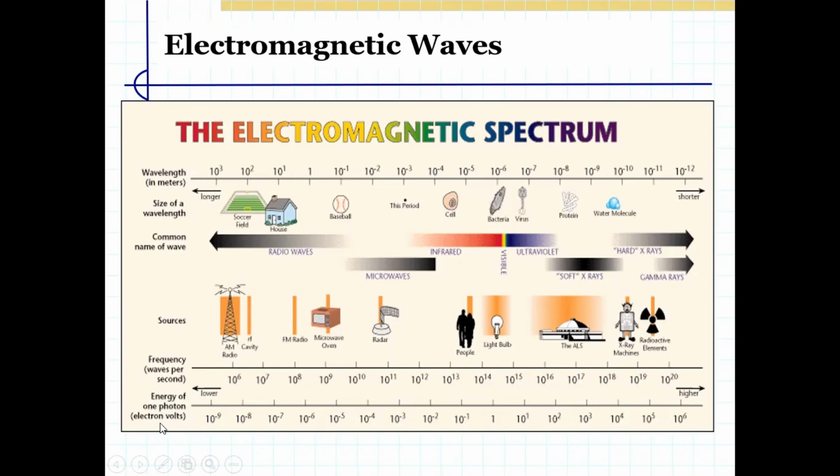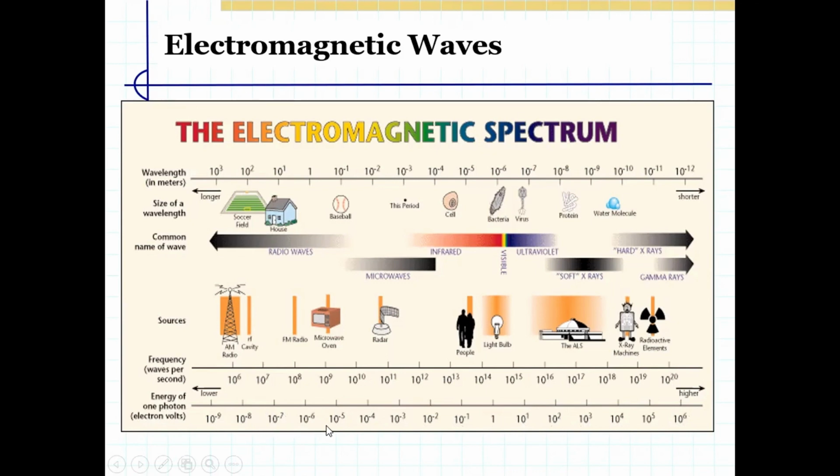The energy measurements are done generally in electron volts, and the energies for these electromagnetic waves are measured in eV, varying from 10 to the power minus 9 electron volt to 10 to the power 6 electron volt, which is mega electron volt. So gamma rays have mega electron volt energies, and the X-rays have kilo electron volt energies, and the light bulb has energies of the order of 1 to 10 electron volts, and the radio frequencies have energies as low as 10 to the power minus 9 to 10 to the power minus 6.